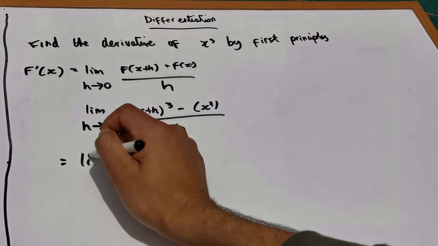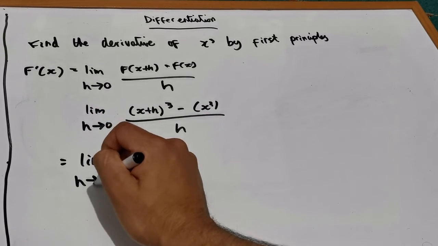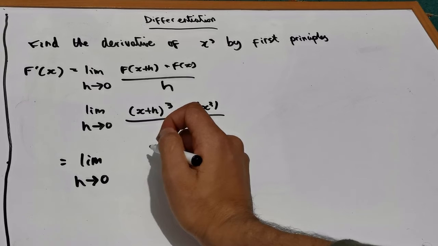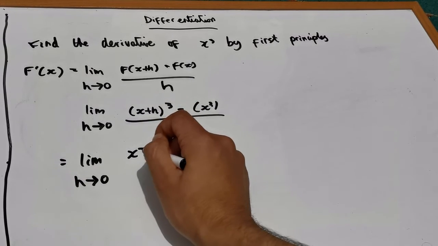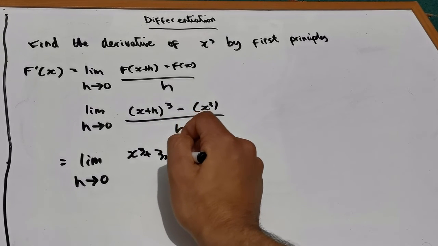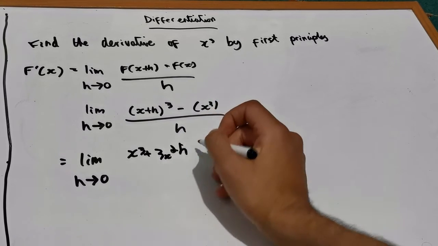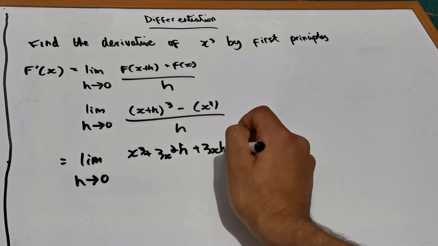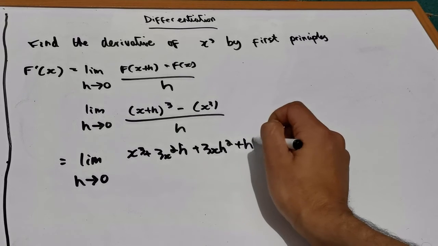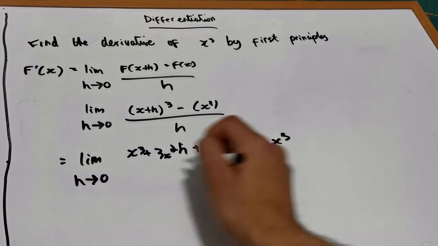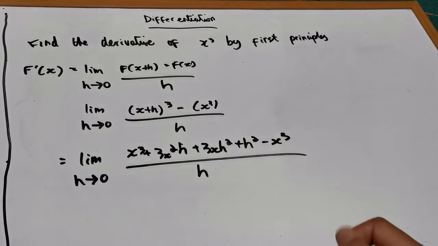And this then gives us the limit as h approaches 0 of x cubed plus 3x squared h, add 3x h squared, add h cubed, take away x cubed, all over h.